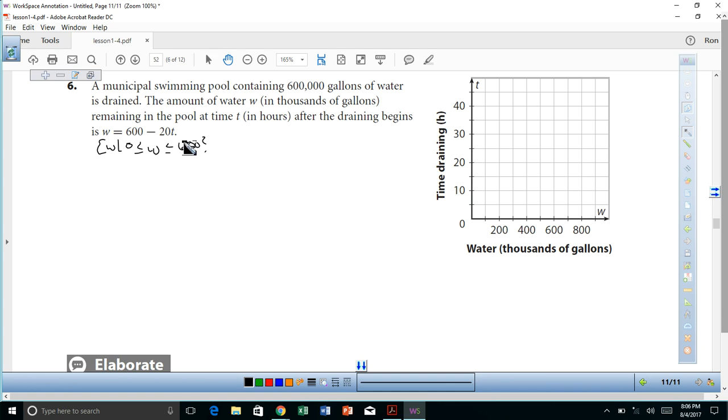All right, that's going to be the range. That's the range of f of x, and it'll also be the domain of the inverse function. So this is going to be the domain of the inverse function. 0 to 600.